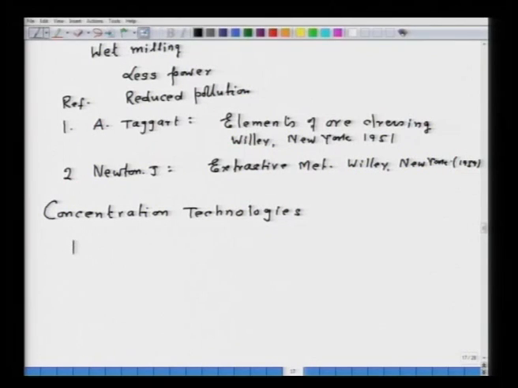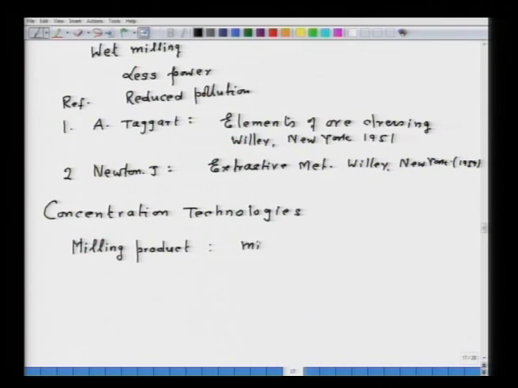So, what do we have? We have now a milling product, we have the oversize of milling product, and what is this milling product?